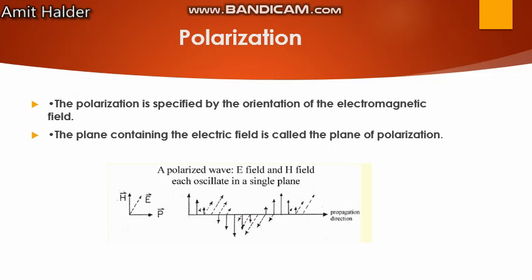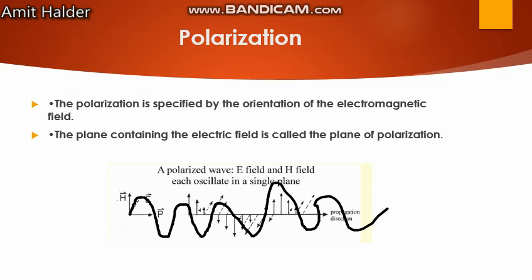Again I will show you, that is the path of E. So E will propagate like this. This plane is perpendicular to it, and the magnetic field will propagate like this, longitudinally.